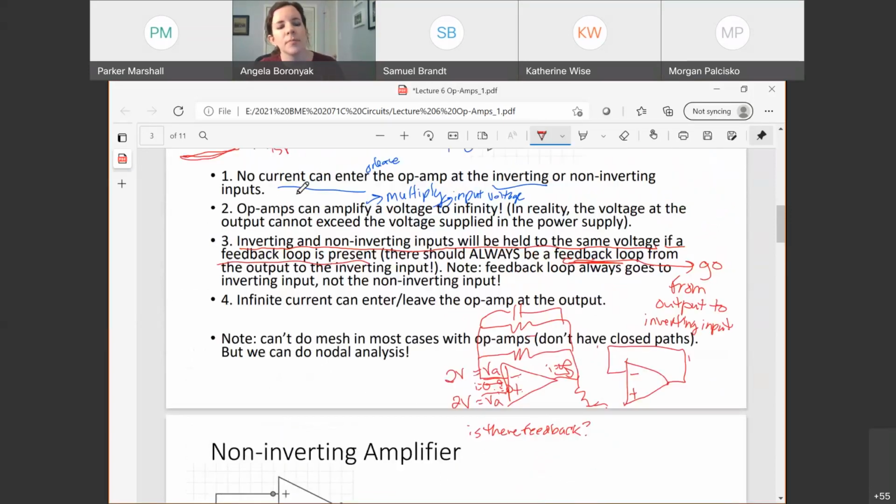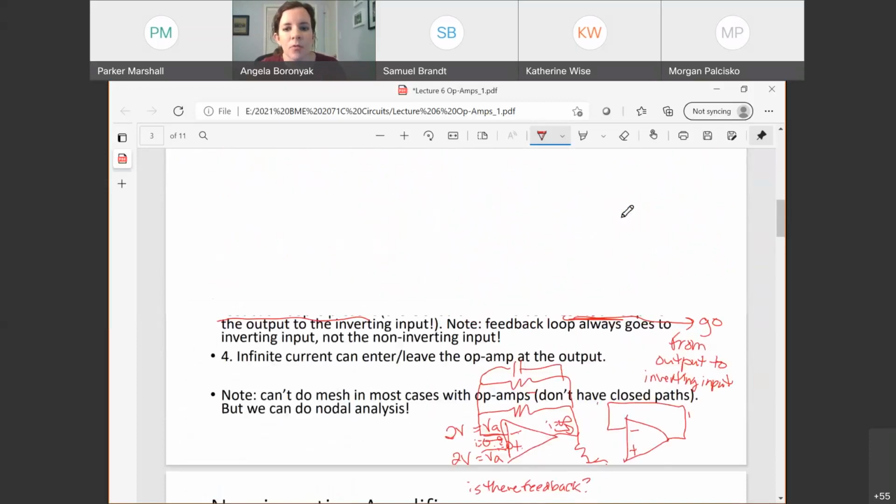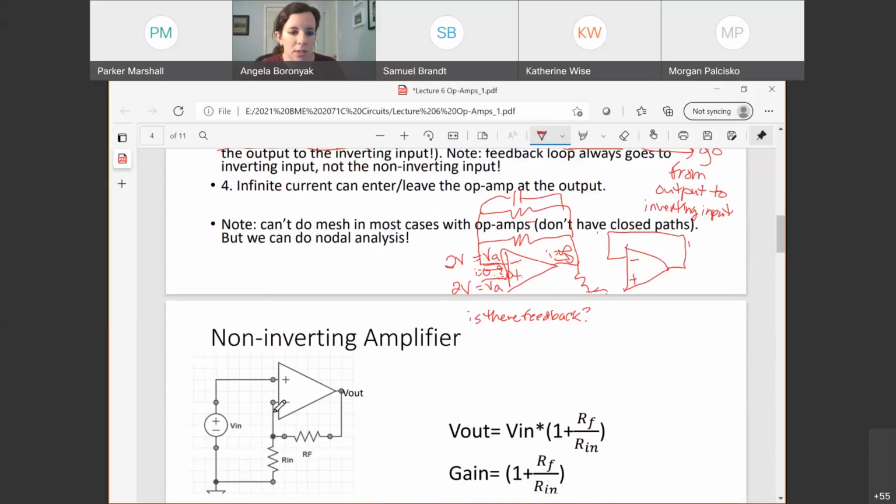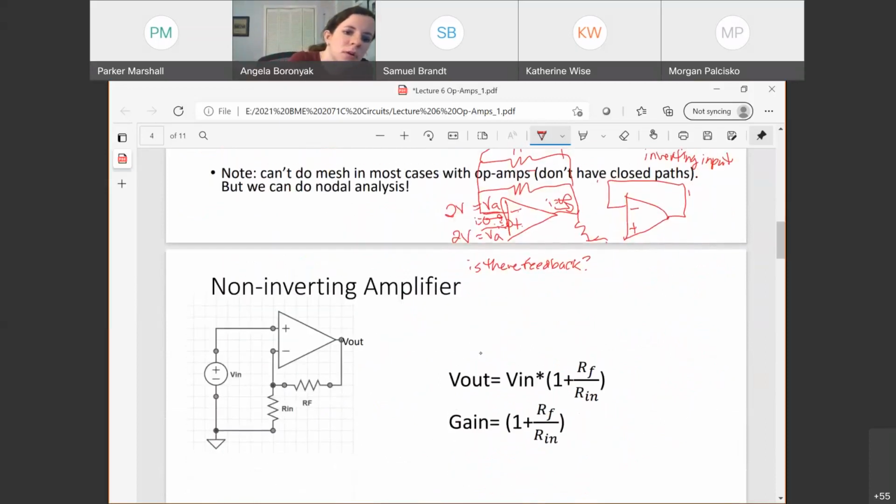Rule number 1 said what? No current will enter my op amp at my inverting or non-inverting inputs. Again, that's not true of my output, but it's true of these inputs. Current on this wire is going to be what? Or how could I calculate it?